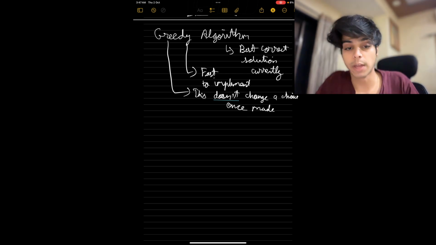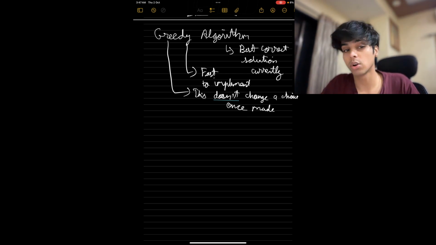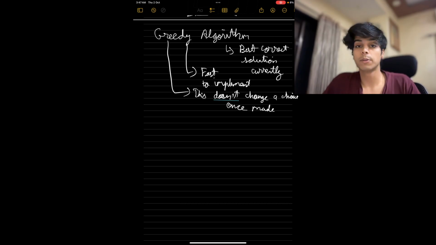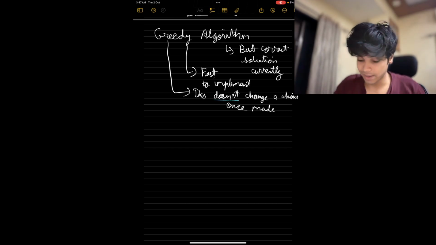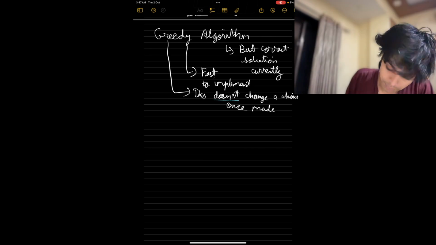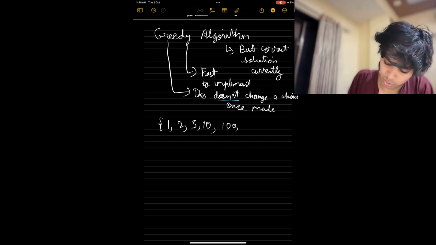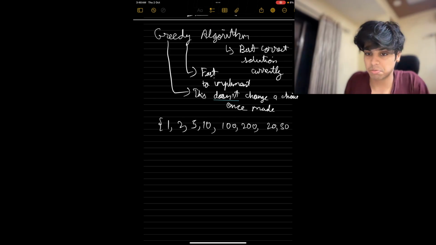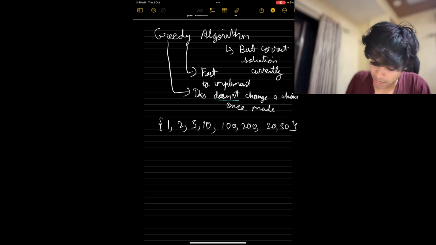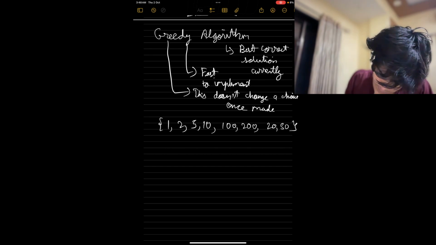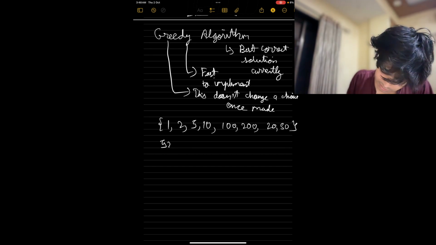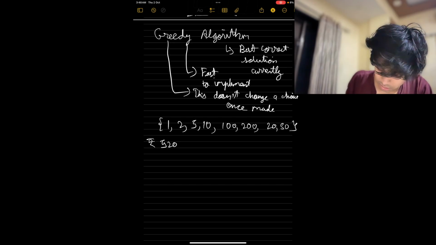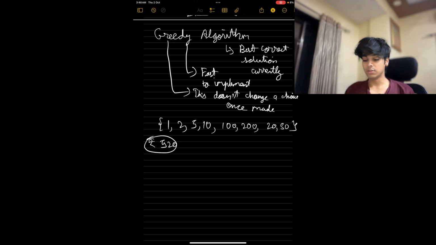The perfect way to depict a greedy algorithm and how it can go wrong a lot of times is the coin problem. Let's take an example. I have a set of coins 1, 2, 5, 10, 100, 200, 20, 50, and I need to get 520 rupees, and I only have these notes.